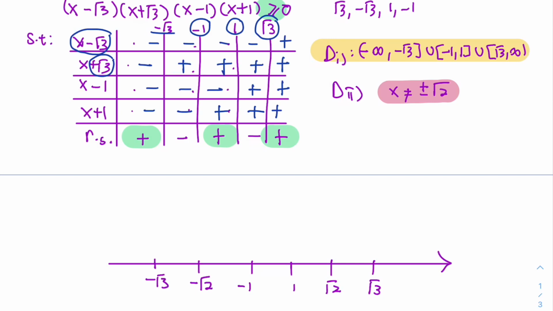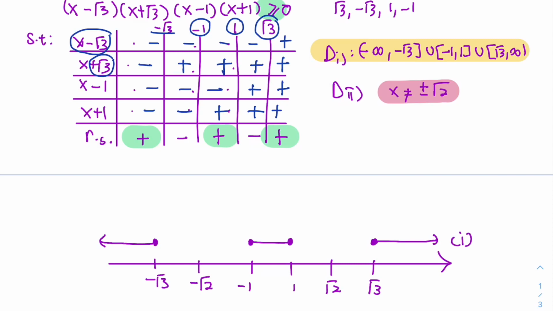The first part is negative infinity until negative square root 3, so closed, it's solid. Then continue with negative 1 until 1, solid here, and then square root 3 until infinity. So this is part 1.